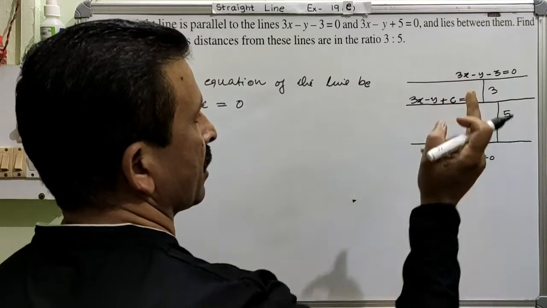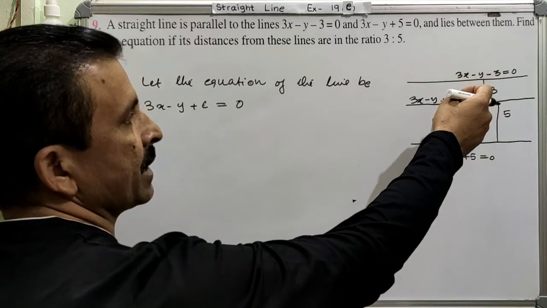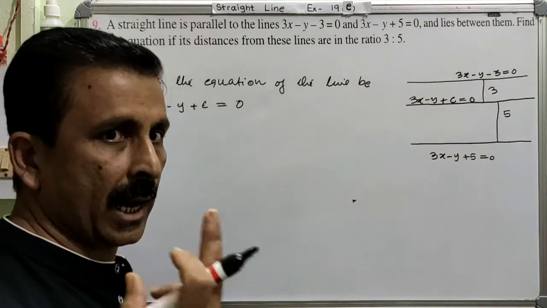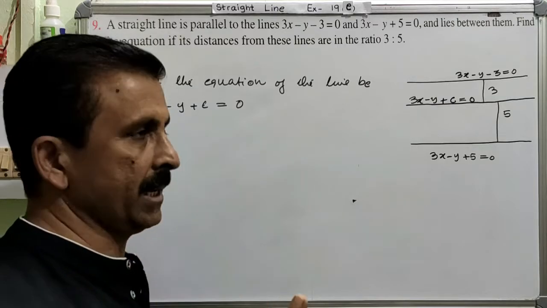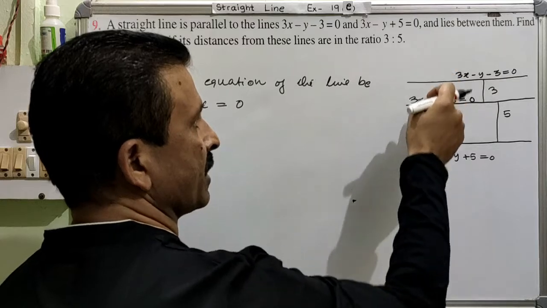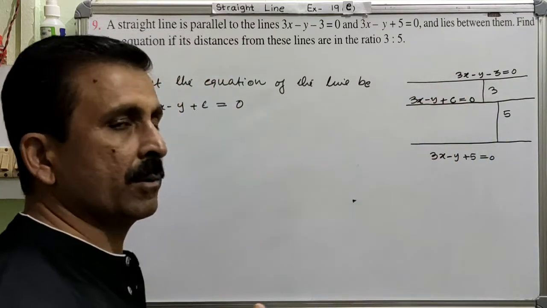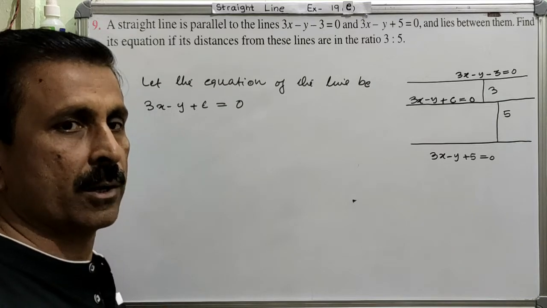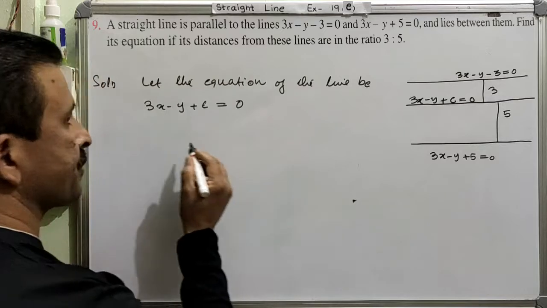Because you know that whenever you calculate the perpendicular distance, we used to have the coordinates of a point and the equation of the line. Is this very clear? So we already have the equations of these two lines. There is no problem. So from this equation we can find out the coordinates of a point.